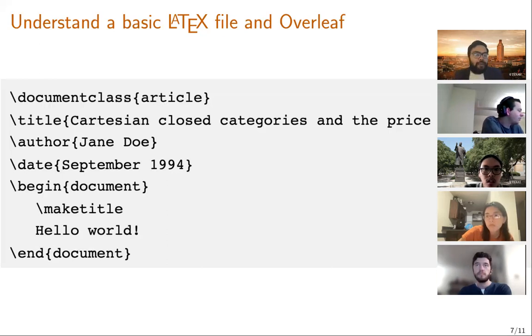So you do not have to do anything except change one small thing. It's very easy to format things from one journal to another. And in the article, the body is the part between begin document and end document.